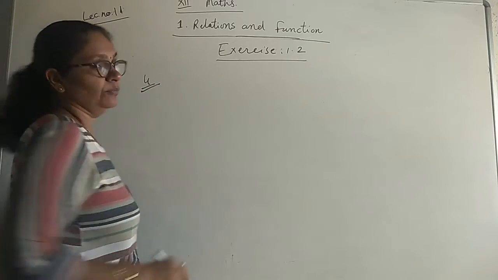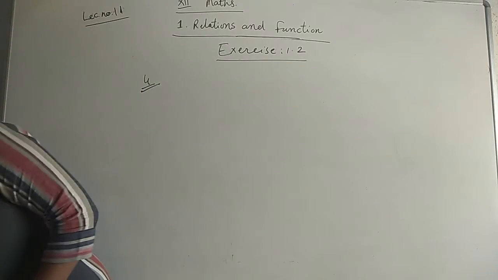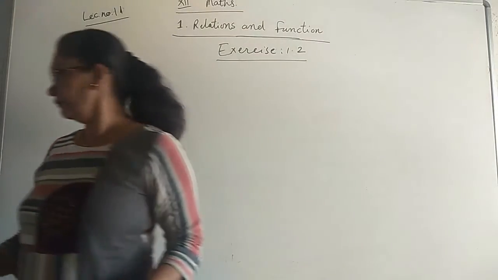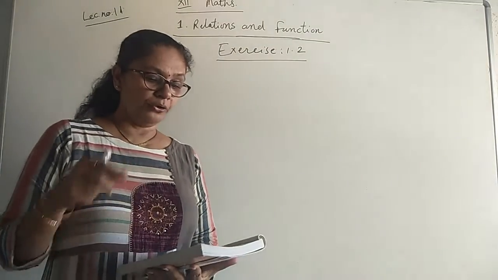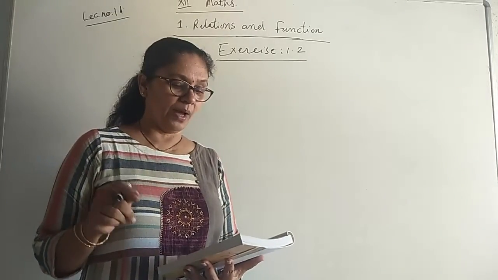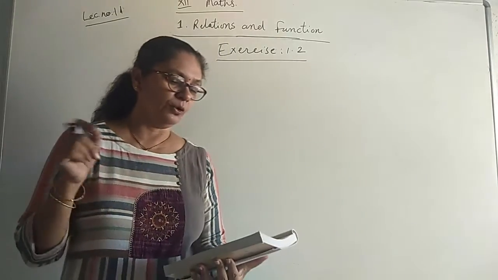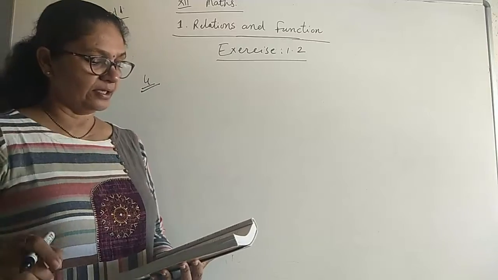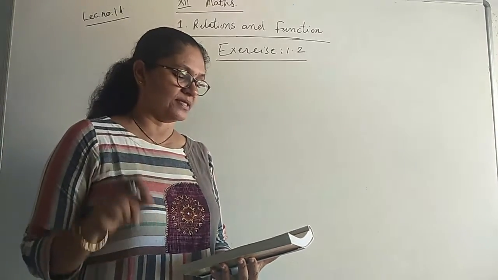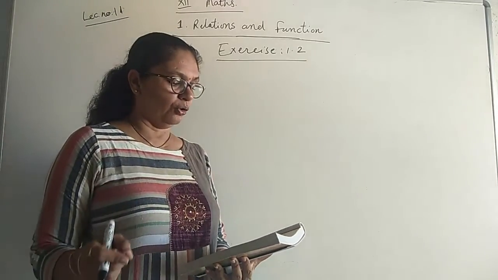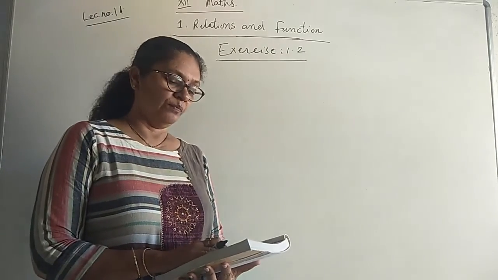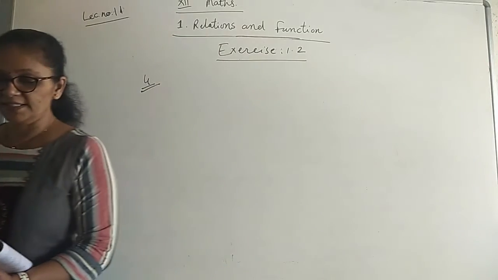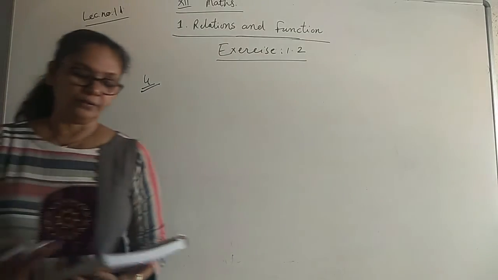Now come to the fourth question. What is our fourth question? Check it. The fourth question is: show that the modulus function f from R to R given by f(x) equal to |x| is neither one-one nor onto, where |x| is x for positive or 0, and |x| is minus x for negative.